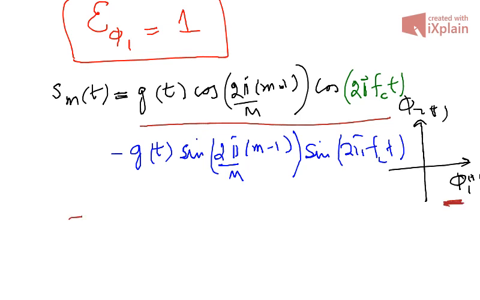So to write it in terms of phi 1, what we can do, we can say that, okay, this term, you have phi 1 of t, but then you need to multiply by the square root of Eg over 2. Let me write it this way.